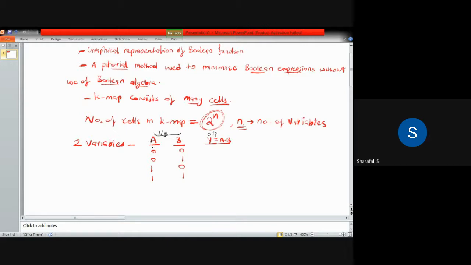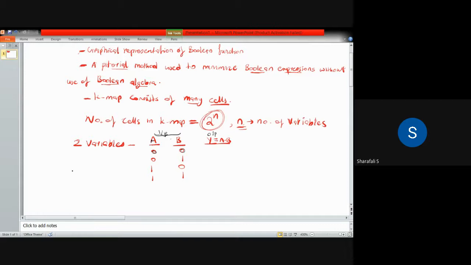Your A is 0, and B is also 0, which means you are not applying any voltage at terminal A and terminal B, because 0 means low voltage. For example, if you are applying +5 and +2, then +2 represents the 0 value, which means it is a low value, and 1 represents a high value.